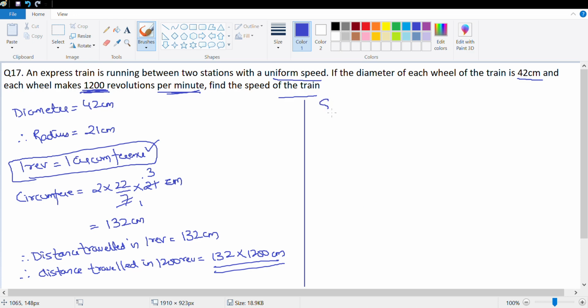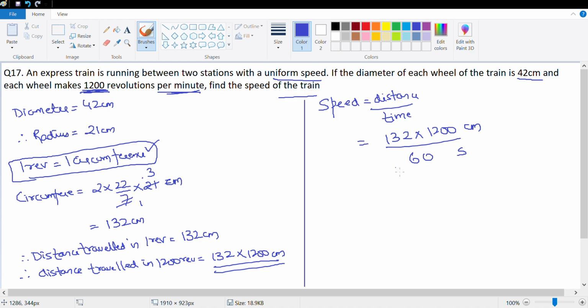So speed is equal to distance upon time. In this case, distance traveled is 132 into 1200 centimeter, and time taken is 1 minute, which is 60 seconds.